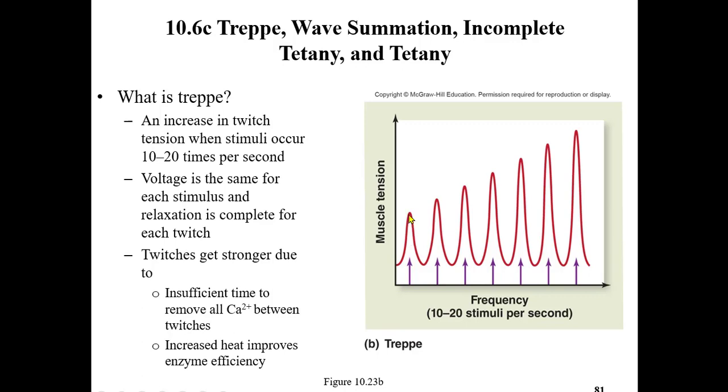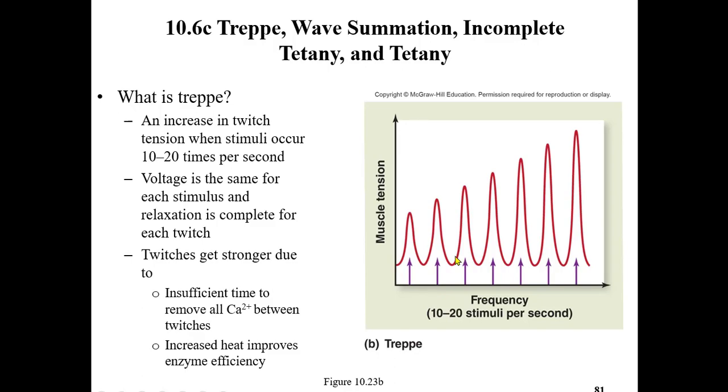We have a stronger contraction, but we allow it to fully rest. Why? Because the frequency is not too fast and not too slow. So the frequency is going to determine how strong these contractions are. And in this case, the frequency is just right, enough to do what? Allow it to come back to rest.